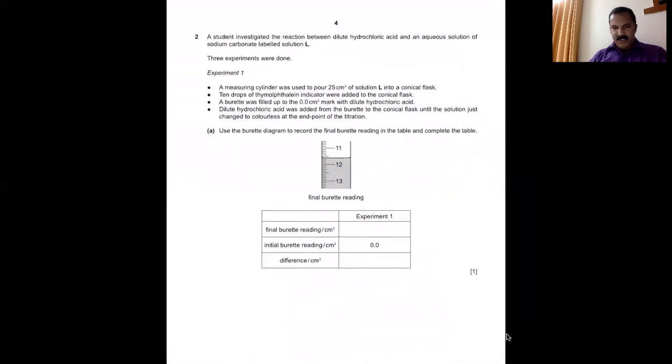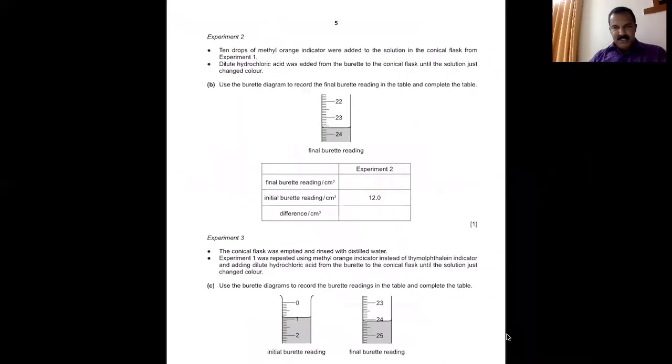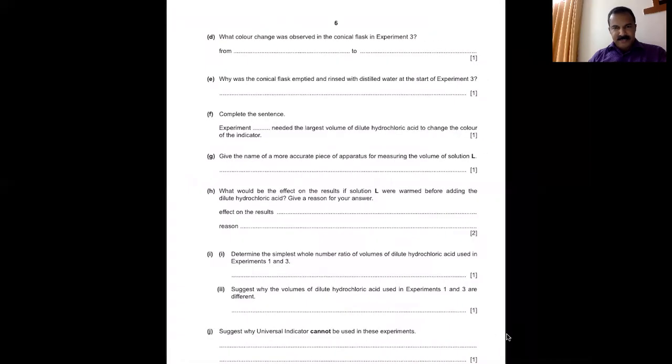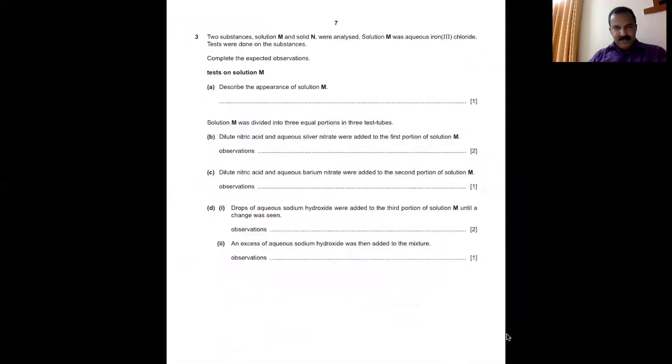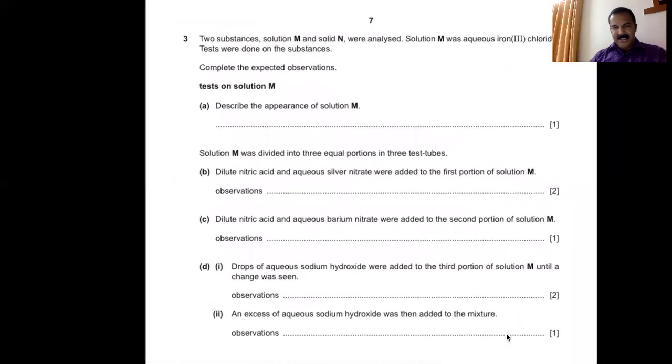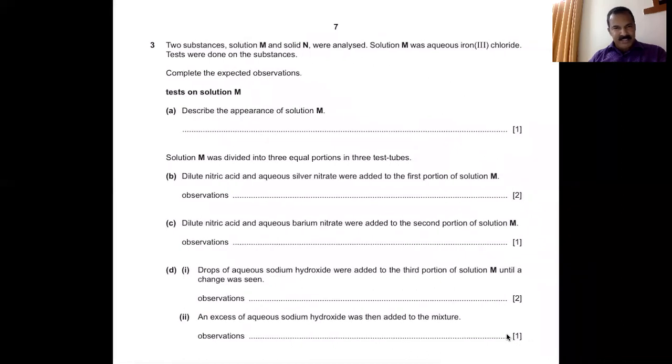Here it's a reaction between hydrochloric acid and sodium carbonate solution. So what are they measuring? The volumes are measured here. Both experiments have the volumes measured, and methyl orange is used. That's a titration. We are not going into that. Question 3 is a qualitative analysis.